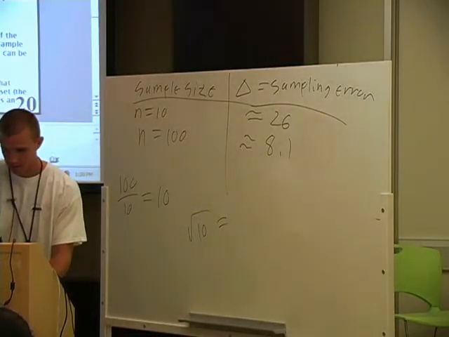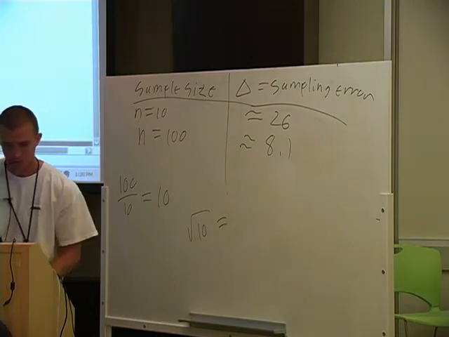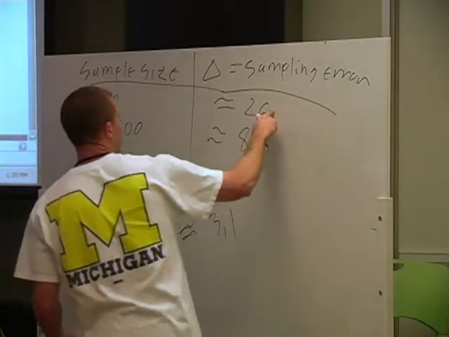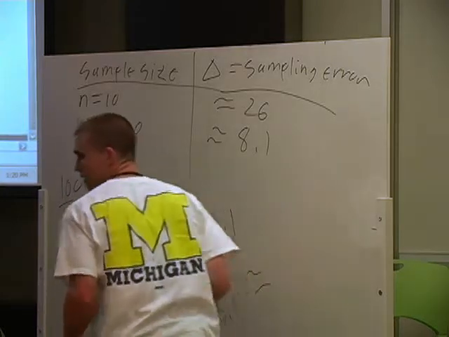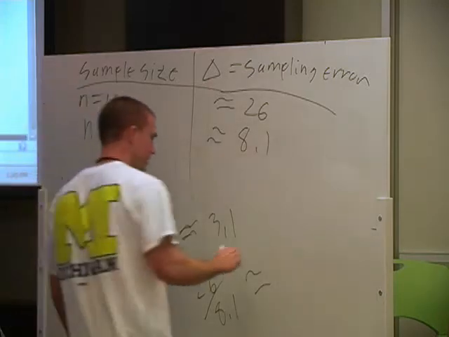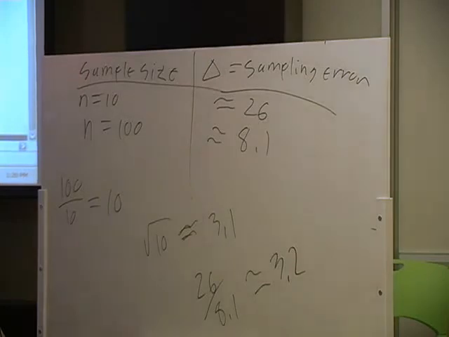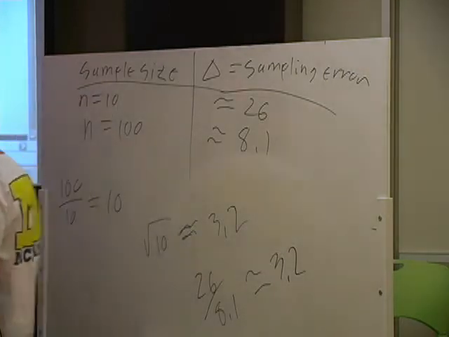And likewise, the ratio of 26 to 8.1 is about 3.2. So perfect, if you only keep one decimal. So that's the square root relationship.